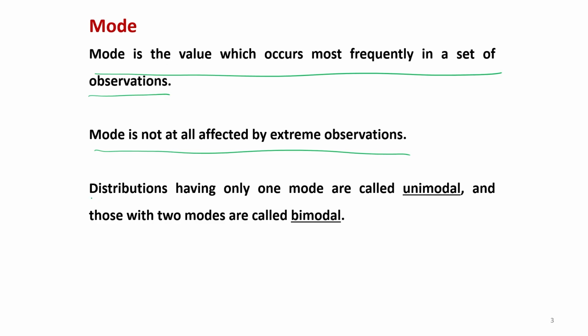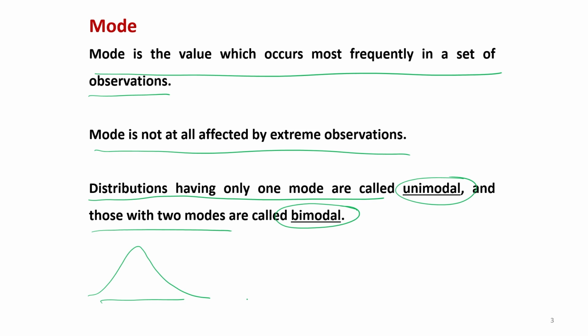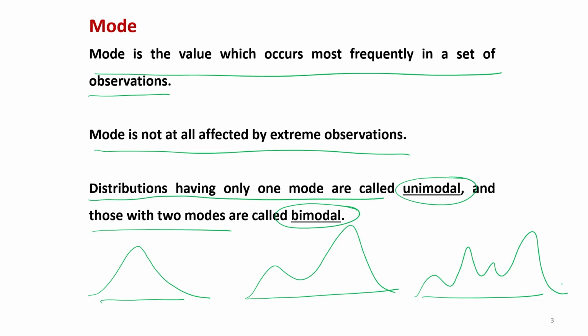Frequency distributions which have only one mode are called unimodal, those which have two modes are called bimodal, and if there are more modes, then it is multimodal. For example, if the frequency distribution is unimodal, it will look like this. If bimodal, it may look like this, and if there is more than one mode, it will look like this. Right.